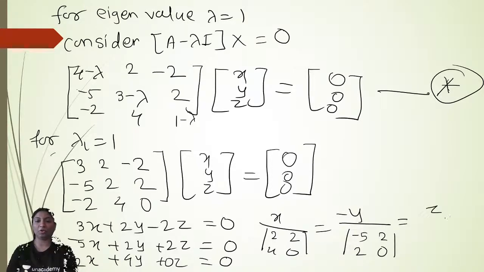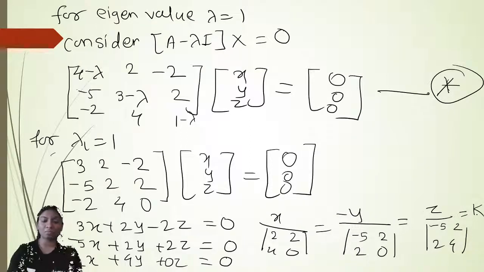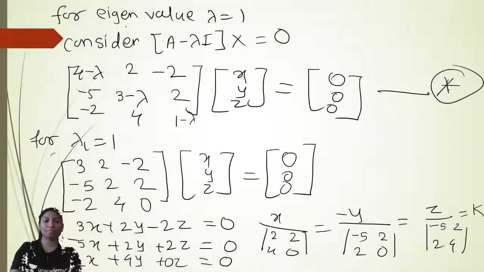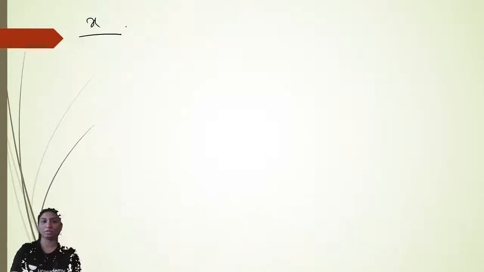Then z upon the determinant of minus 5, 2, minus 2, 4, is equal to k. Now x upon the determinant, 0 minus 8, so minus 8.